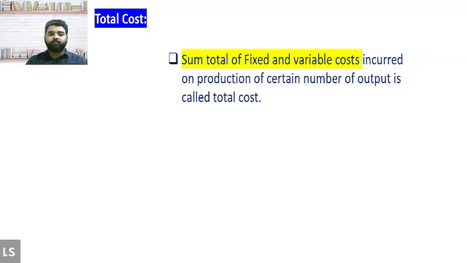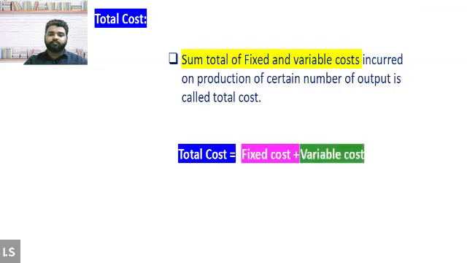That total amount is my total cost, the sum total of the fixed and variable cost. You will notice that as the production increases, total cost will also increase.